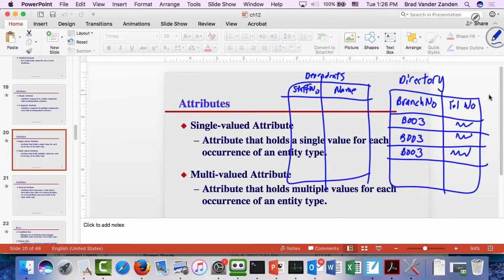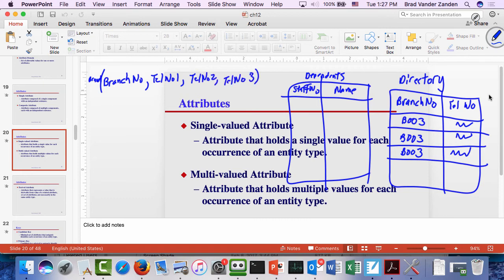Okay, you can try to figure out what is the maximum number of that attribute, and then you could have one field for each possible one. So you could have branch, and if I determine that there can be at most 3 phone numbers, you might have telephone number 1, telephone number 2, and telephone number 3.